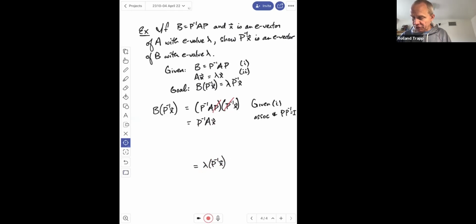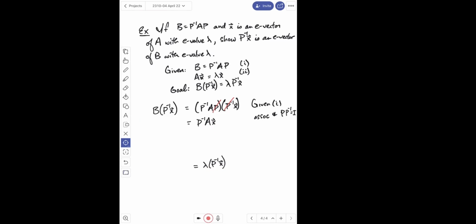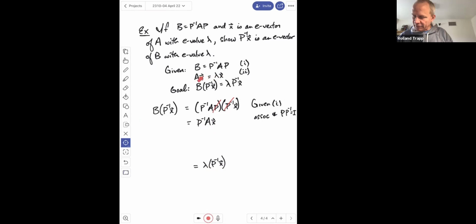But I don't have just X, I have A times X. You substitute A times X with lambda times X. Yeah, so you just use the second given, which says AX is lambda X, where lambda is a scalar now, whereas A was a matrix. So this is P inverse of lambda X, and the reason for that is given number 2.